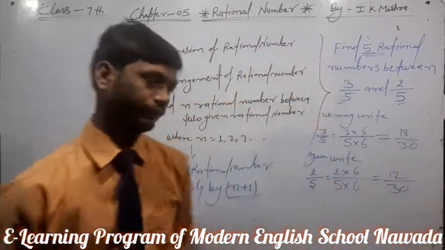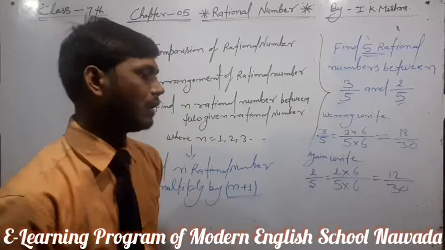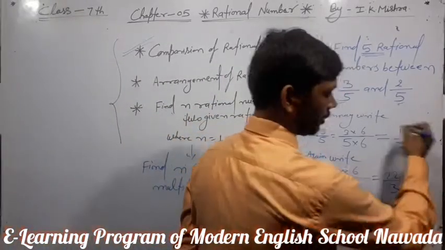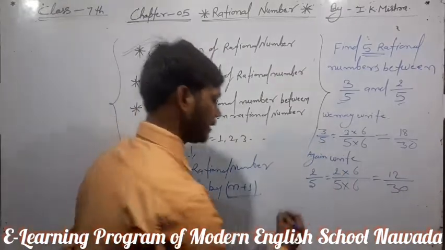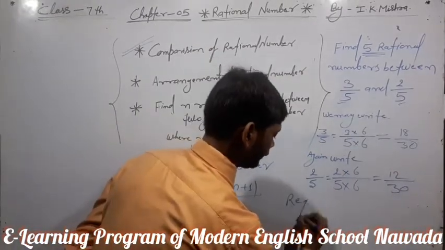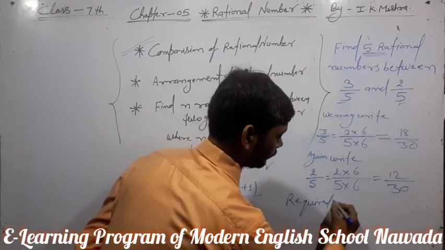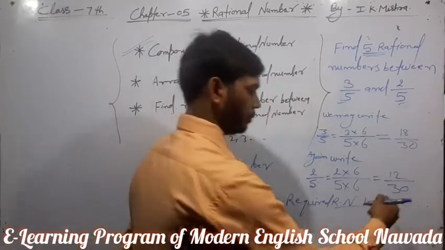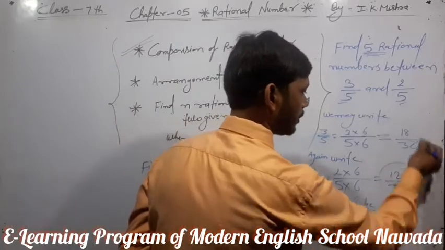Here observe, we have to write rational numbers between these given rational numbers. Here you may write the required rational number B between these two rational numbers.